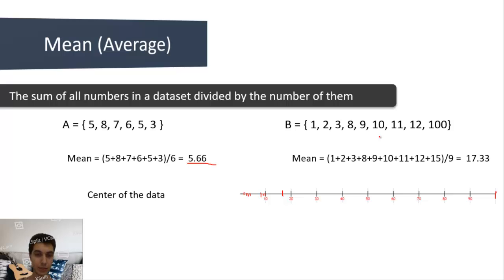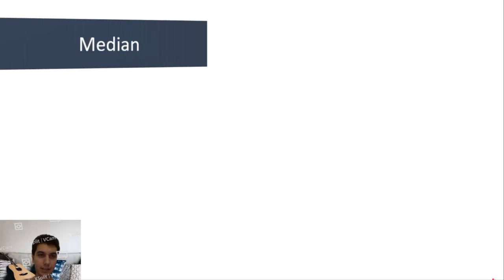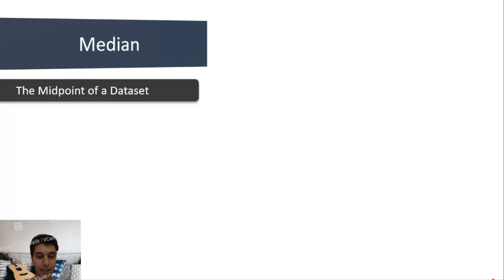Well, we have another measure which is more useful in these kinds of cases. So for these kinds of cases, median is more useful. And median is simply the midpoint of the dataset. Imagine the same dataset that we had.